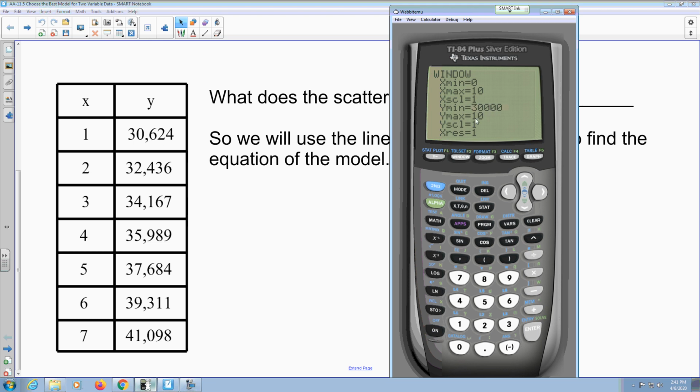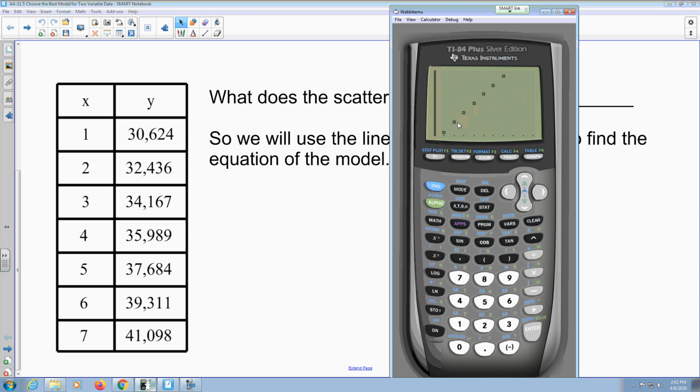My largest y value is about 41,000, so I'll say 42,000, with increments of, let's say, 100. Then 2nd Quit, and I'm going to graph it. These are the points that we get from the data.